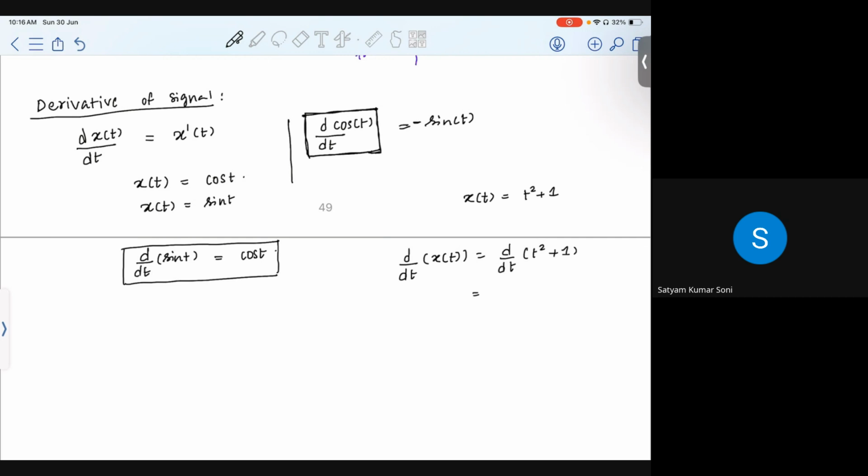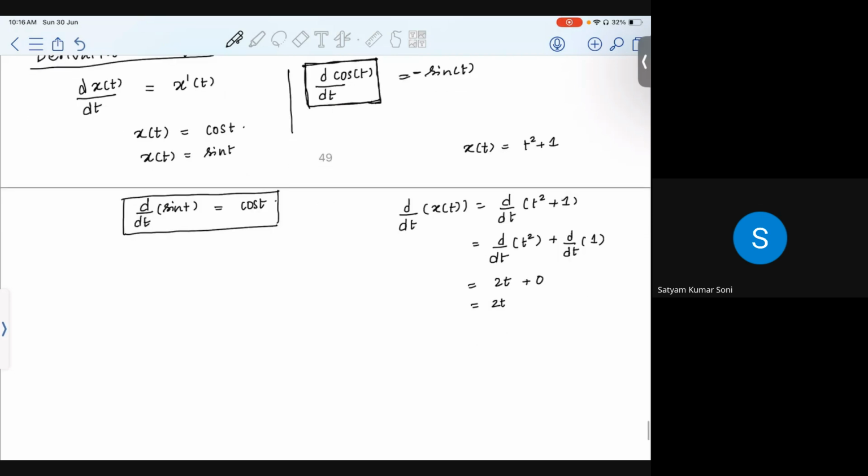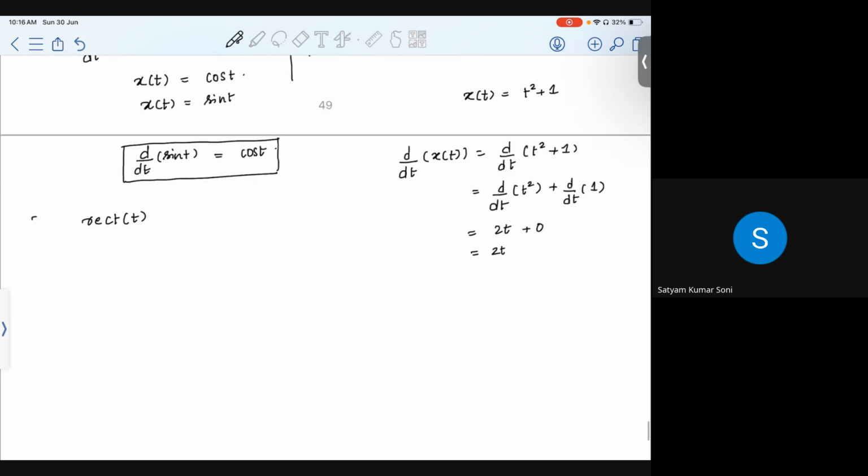And derivative is additive, right? So this is nothing but d by dt of t square plus d by dt of 1. You know the derivative of t square is simply 2t, plus the derivative of a constant is 0, simply 2t.